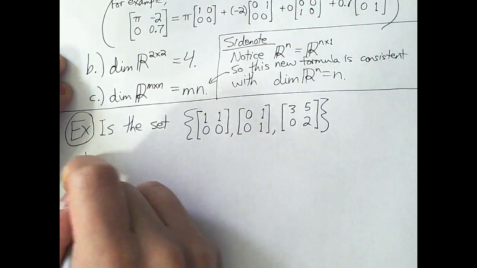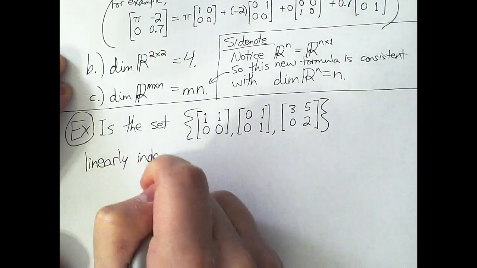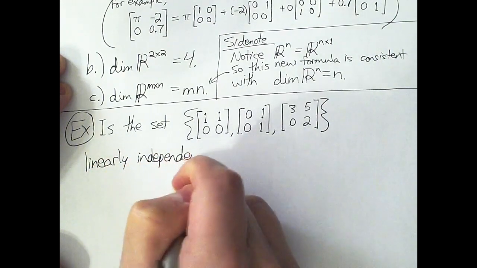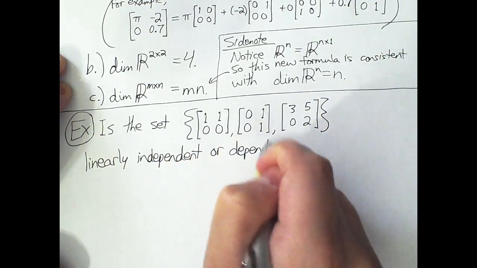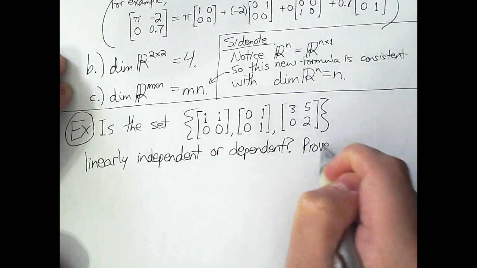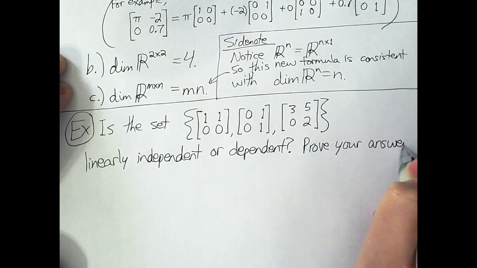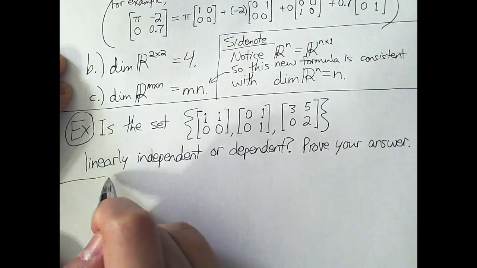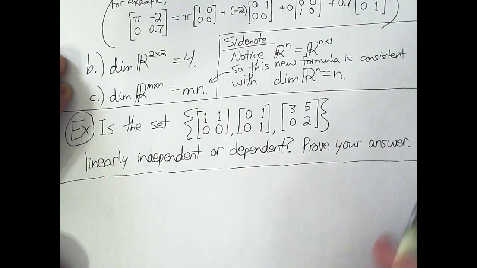Is this set linearly independent or dependent? And I'm going to say, prove your answer. So I'd like you to pause the video and try this for a few minutes. You need to answer the question and prove your answer.